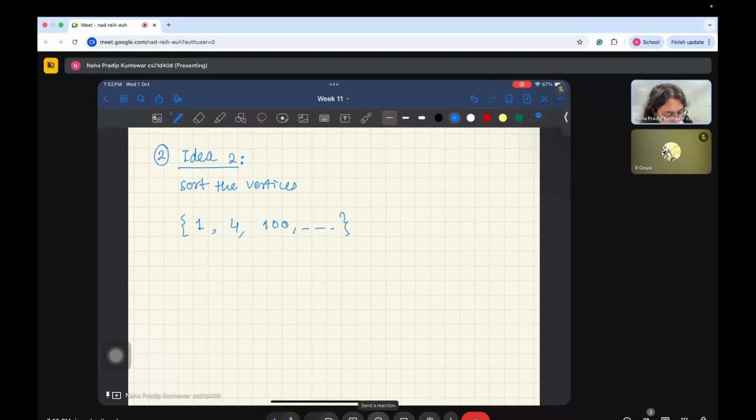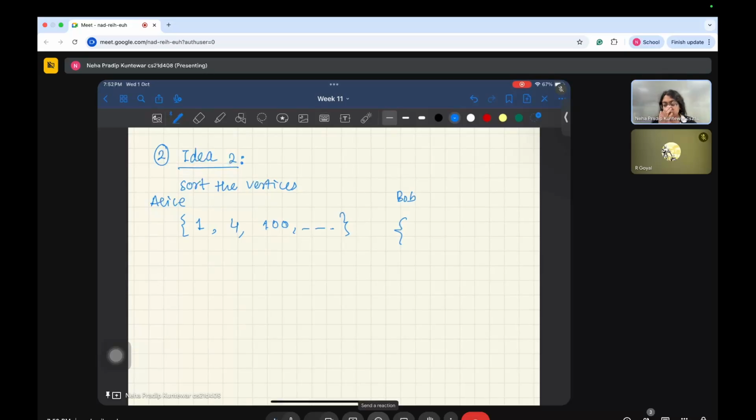So this is at Alice's end, and this is at Bob's end. Bob is also going to sort the vertices.